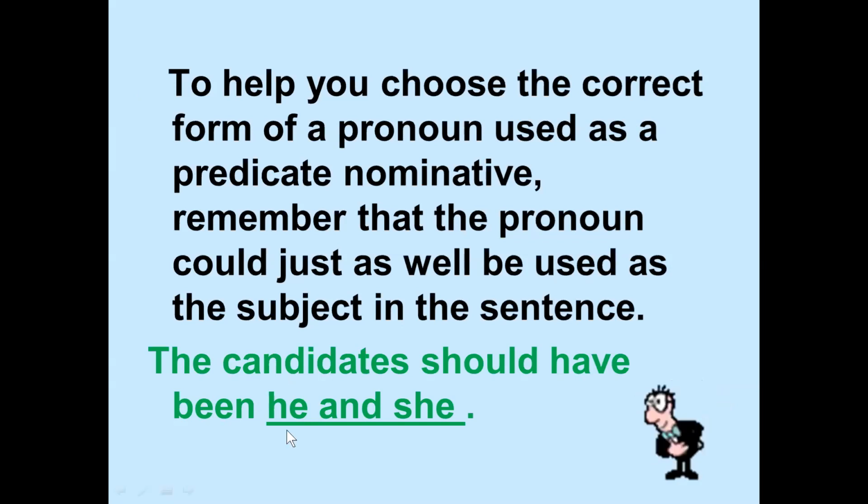Can I replace between he and she and the candidates? Yes, I can say he and she should have been the candidates. So it works, as he and she can be used as the subject of the sentence.